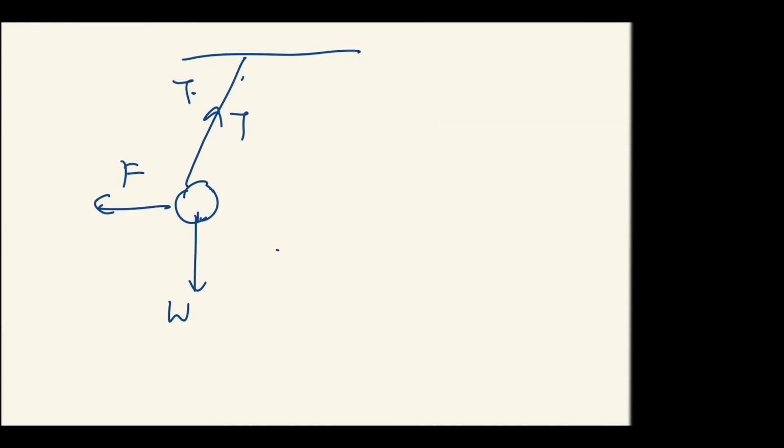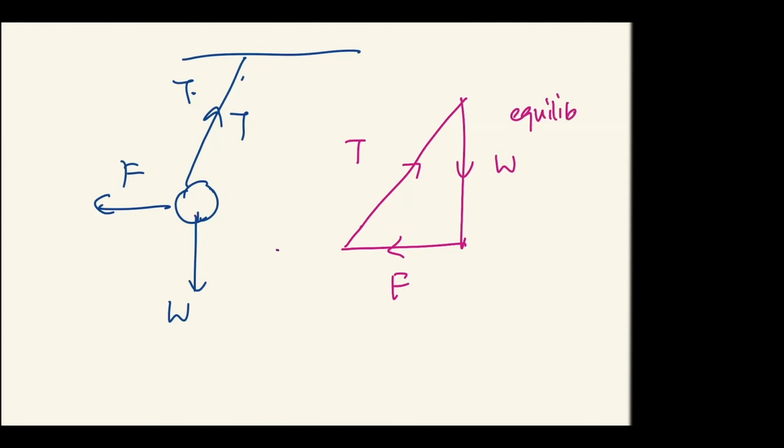Same thing, I will draw a weight down. I'll draw a force here. And then I'll draw a tension here. Okay, they all point in the same direction. So I know that this is in equilibrium. Then how do I know where I can put the different things?